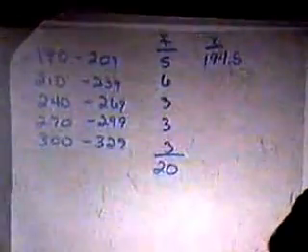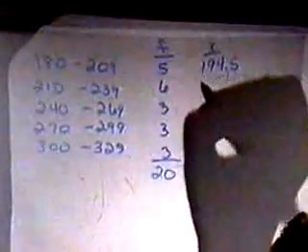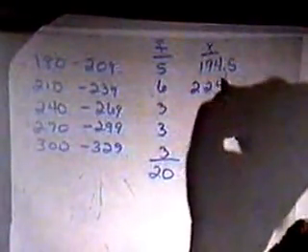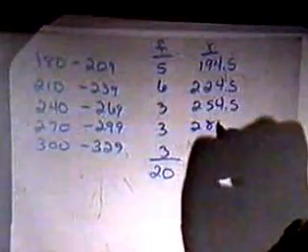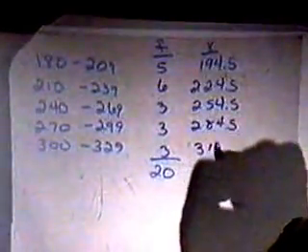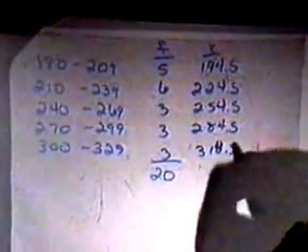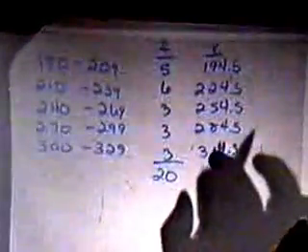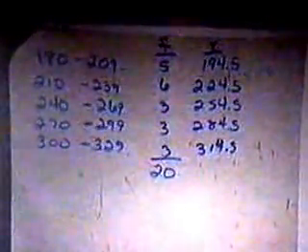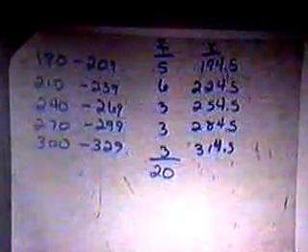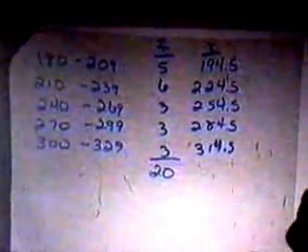Now I can do that again or just keep adding 30. That's 314.5. Midpoints are always labeled X.